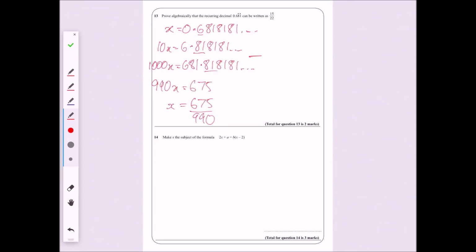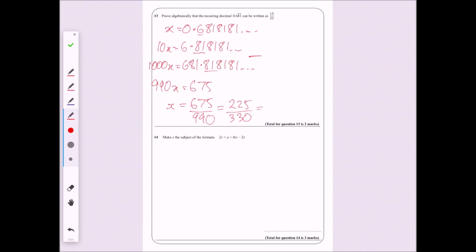Now, we're going to use a little bit of a trick here. If you add the digits together and they are divisible by 3, then it will divide by 3. So 6 add 7 is 13, add 5 is 18, so that is divisible by 3, and 990 is obviously divisible by 3. So if we divide both of those by 3, I will get 225 on the top, and I'll get 330 on the bottom.